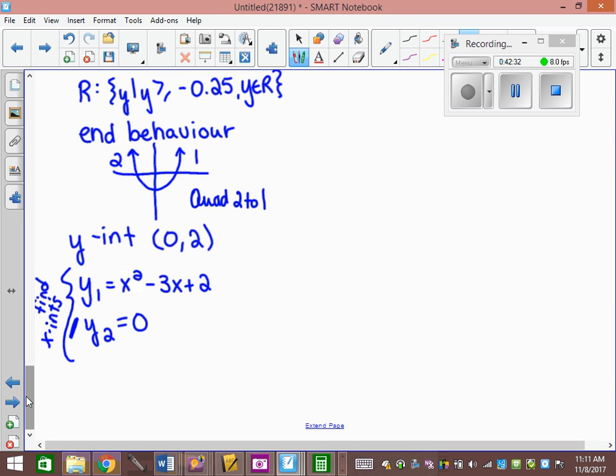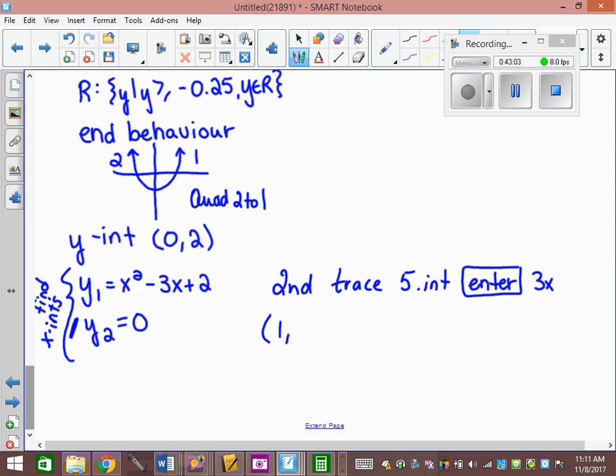So now that you have your 2 graphs, you can go second, trace, number 5, which is intersect, and then enter 3 times, and you'll get one of them. You could either get 1, 0, or 2, 0.